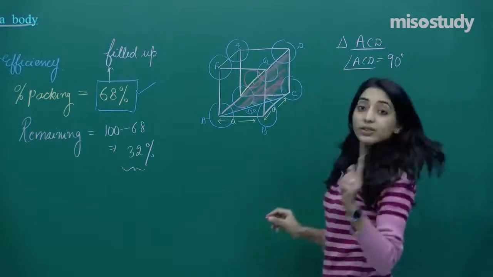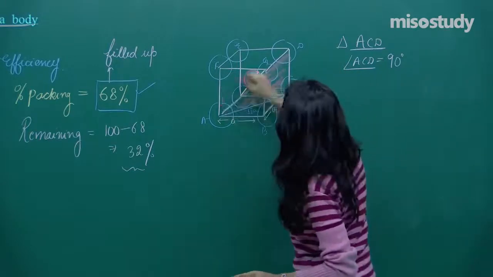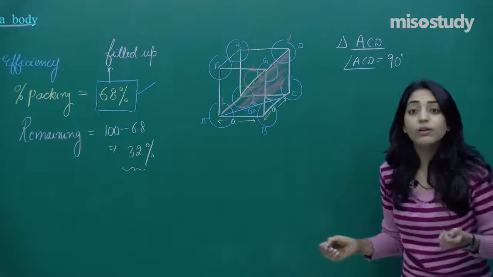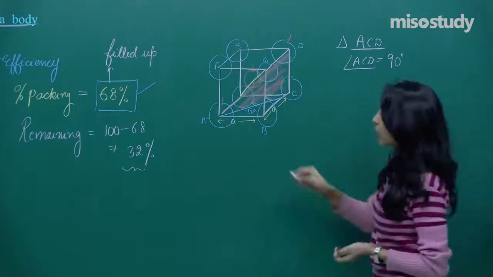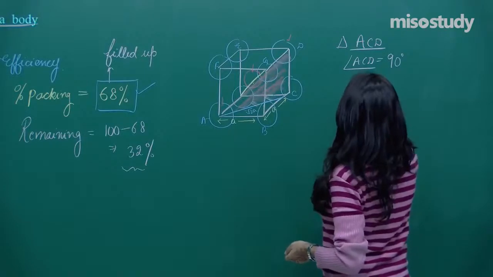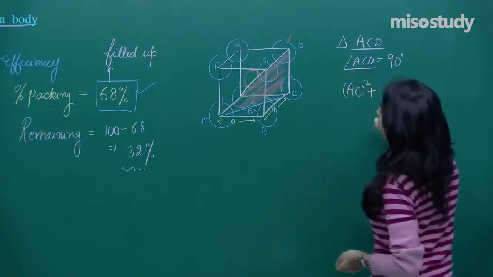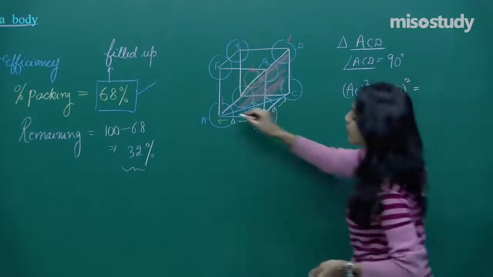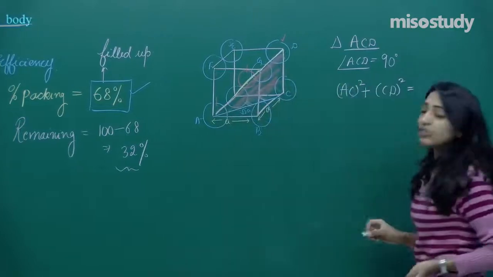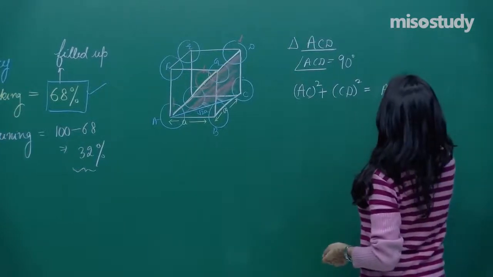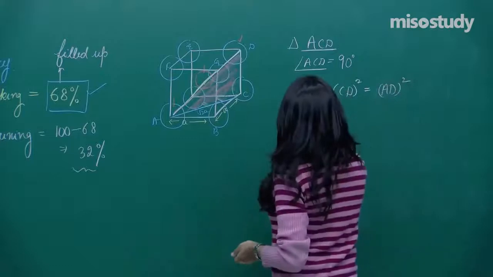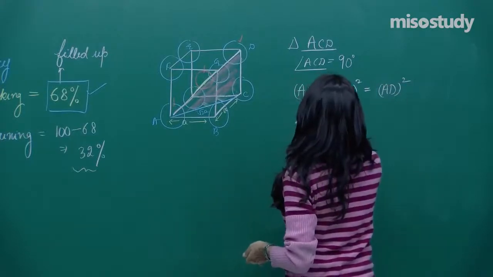So also guys, you can very simply say that this A, D and this pink one are also diagonal elements, so they will also touch each other. Okay. So you can say AC square plus CD square will be equal to this diagonal, which is AD square. So AD square will be equal to 2A square plus A square.